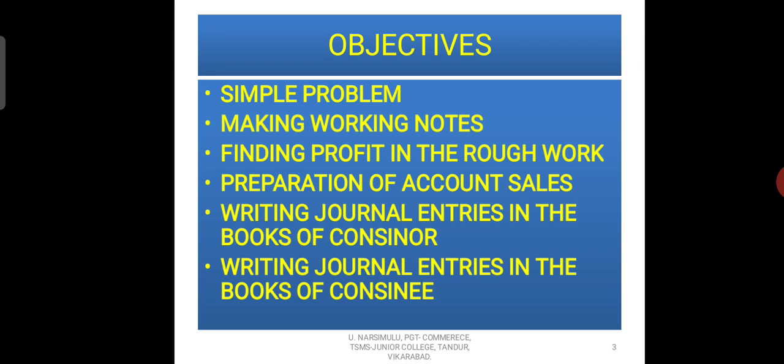Then we are going to write journal entries in the books of consignor. Then at last we are going to write journal entries in the books of consignee. Okay students, so step by step we are going to learn.